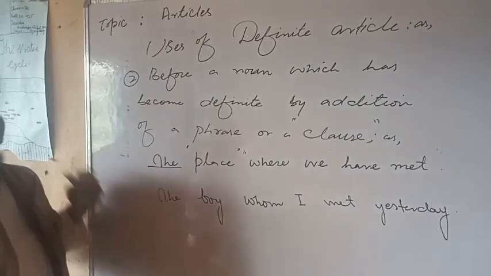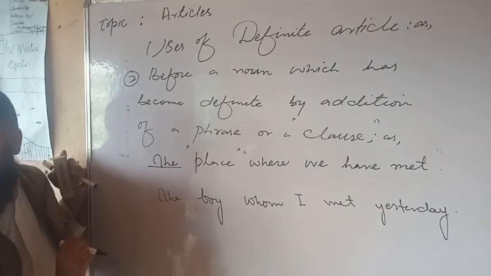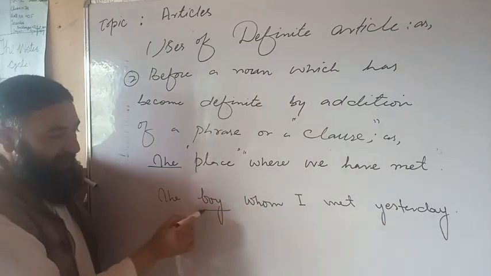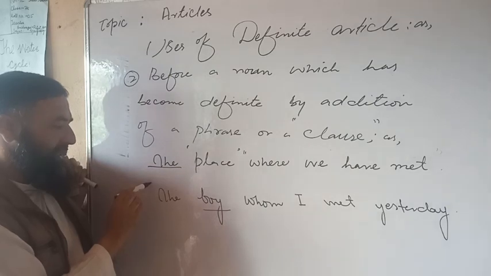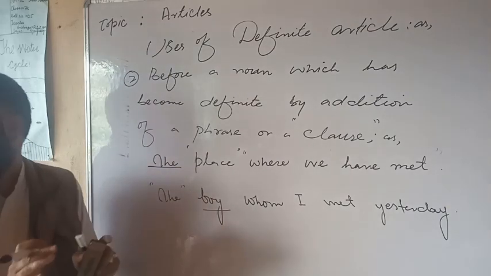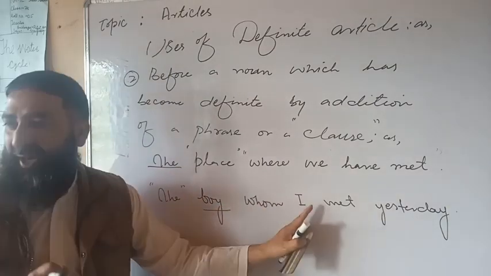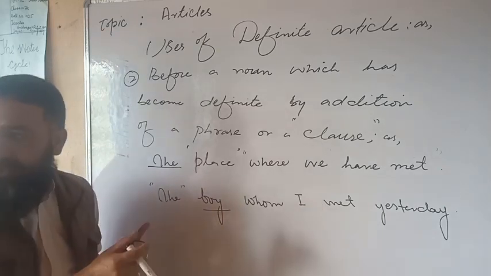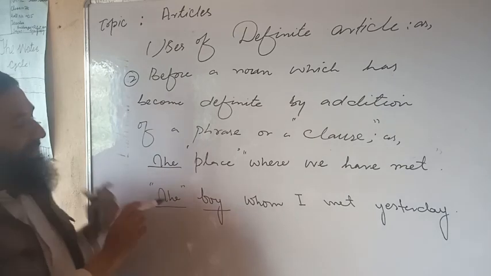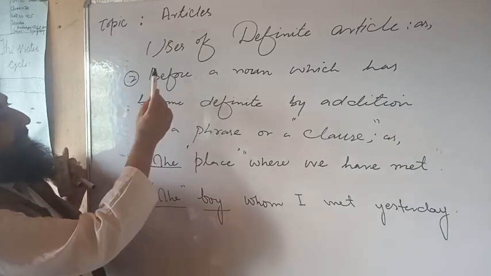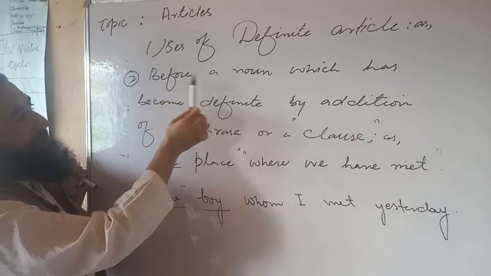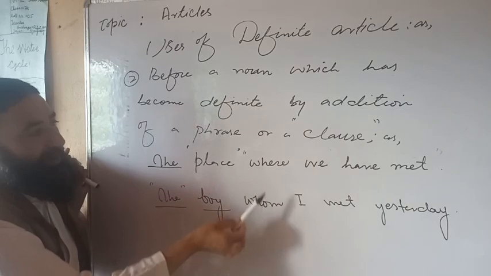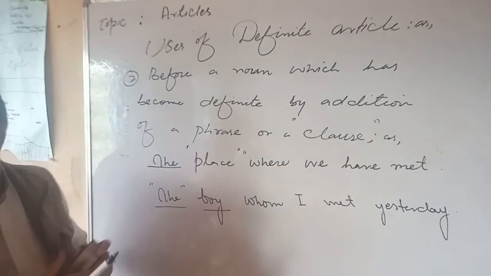It is a clause, and this clause has made this boy definite. So it will take "the" before it. So sometimes some phrases and clauses make nouns definite, so they will take the definite article. This is what I have written here: before a noun which has become definite by addition of a phrase or a clause. Is it clear?